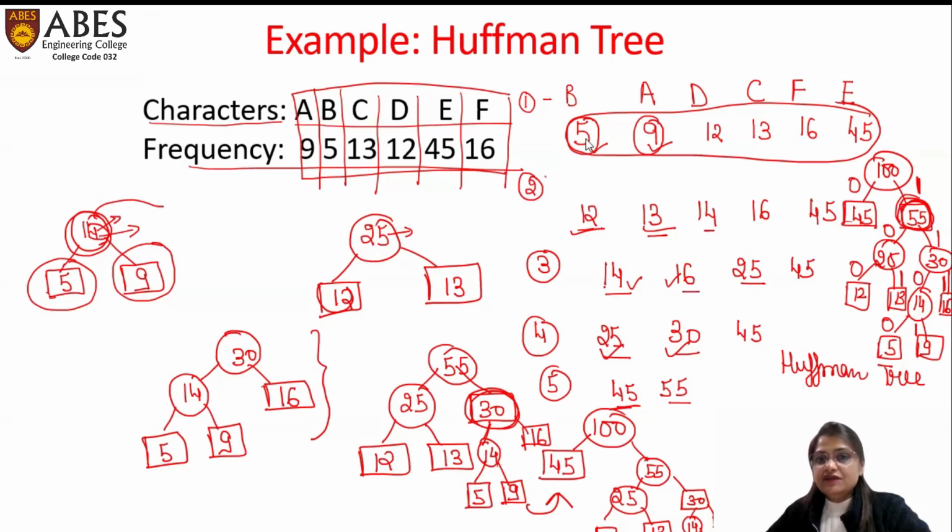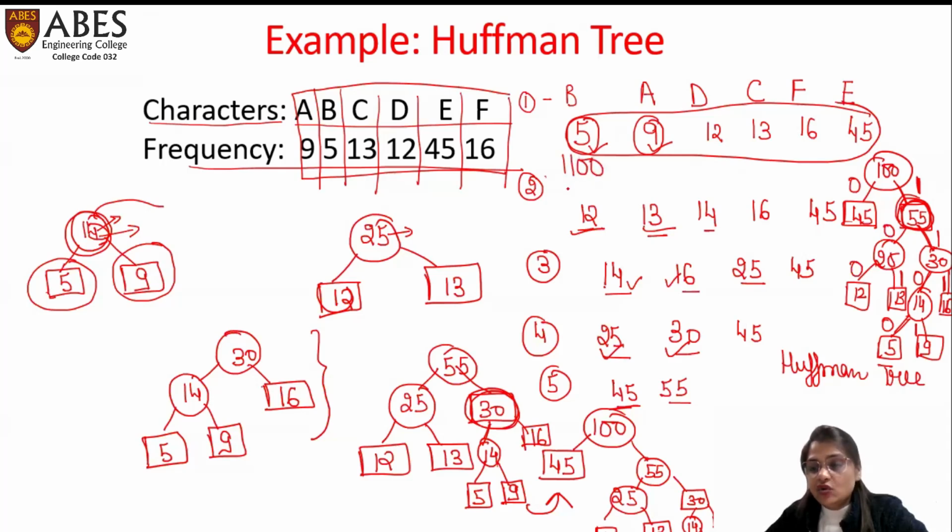Then for B, which was assigned the weight 5, the path to be followed to reach this 5 will be this, this, this, and this. So the sequence corresponding to B will be 1, 1, 0, 0.